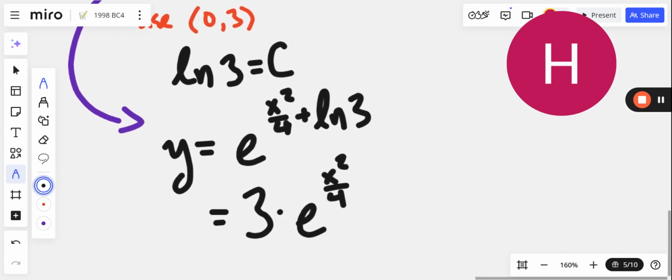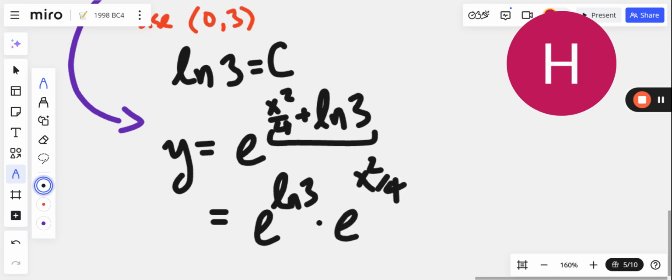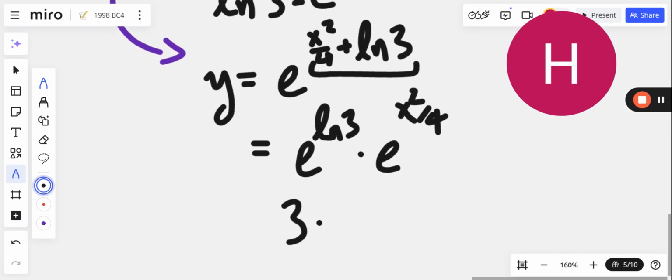If you don't understand why, I'll walk through it this one time. Don't get used to this. When I'm adding exponents, that's the same as multiplying by the same base. So e to the ln of 3 times e to the x squared over 4. e to the ln of 3 is just 3, so this is 3 times e to the x squared over 4. Okay, that's some pre-calculus stuff that you've got to be comfortable with.